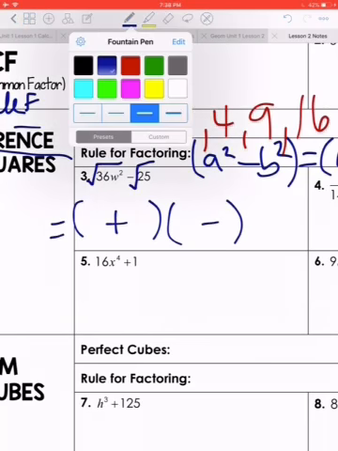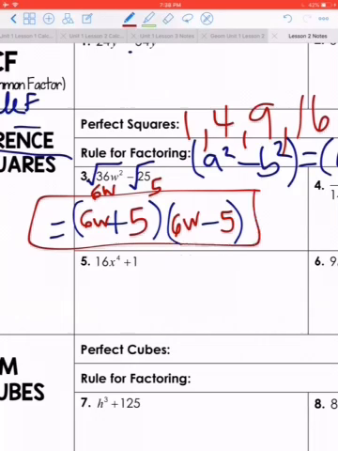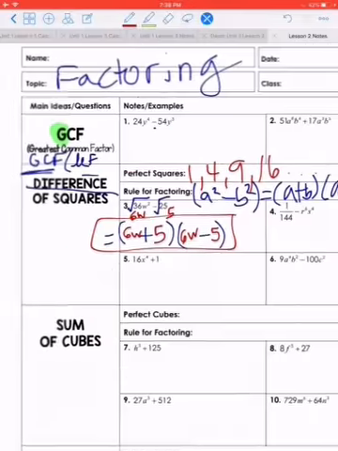The square root of 36w squared is 6w, and the square root of 25 is 5, so this would factor to 6w plus 5 times 6w minus 5, okay? And that's your difference of squares. So it really is very simple if you know the pattern.